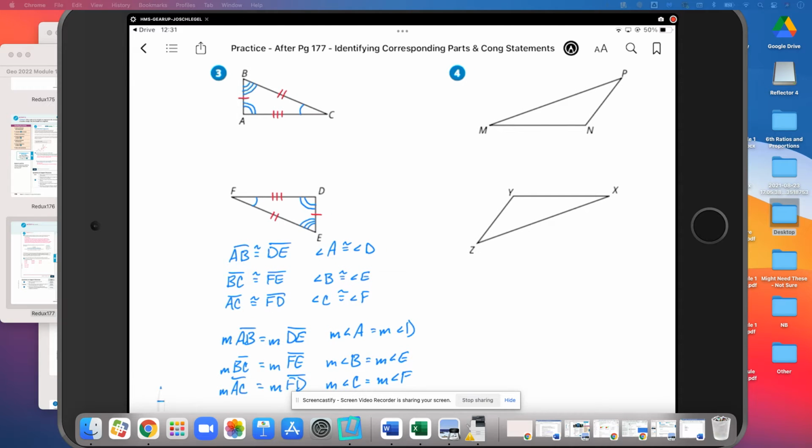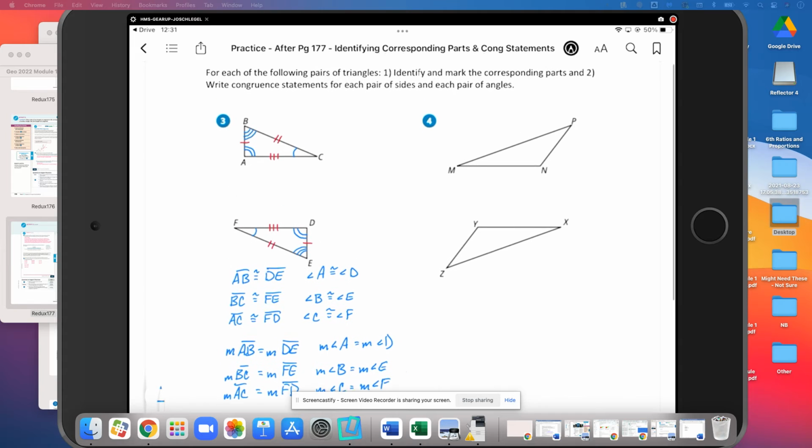You'll notice that for statements about measure, we use an equal sign, not a congruence symbol. And I basically just repeated all of my congruence statements, replaced the congruent symbol with an equal sign, and indicated that I was referencing the measure of those sides or the measure of those angles as opposed to the angles or the sides themselves.